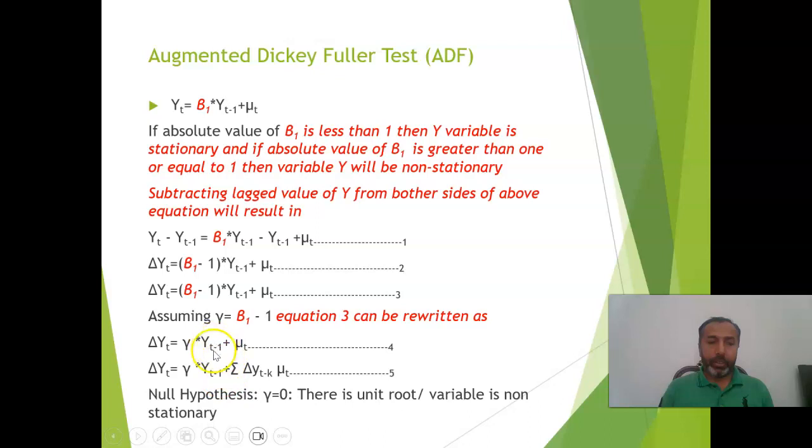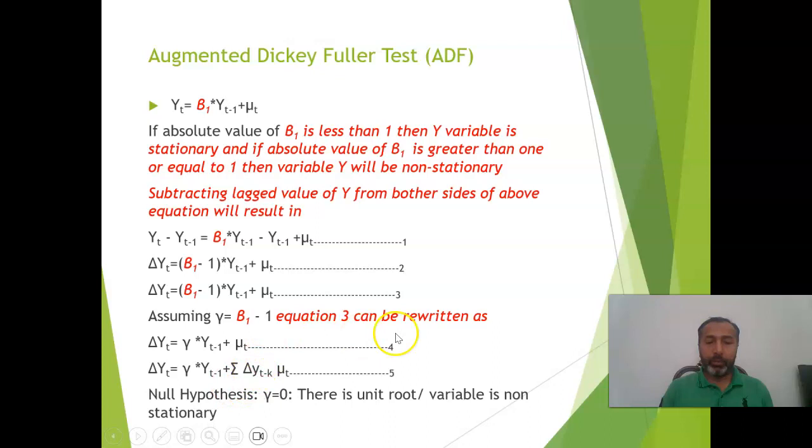So basically this portion is the sum of delta yt minus k, where k is the lag length, plus residual. This is the value of the dependent variable to control the possibility that the error term could be correlated with the independent variable.